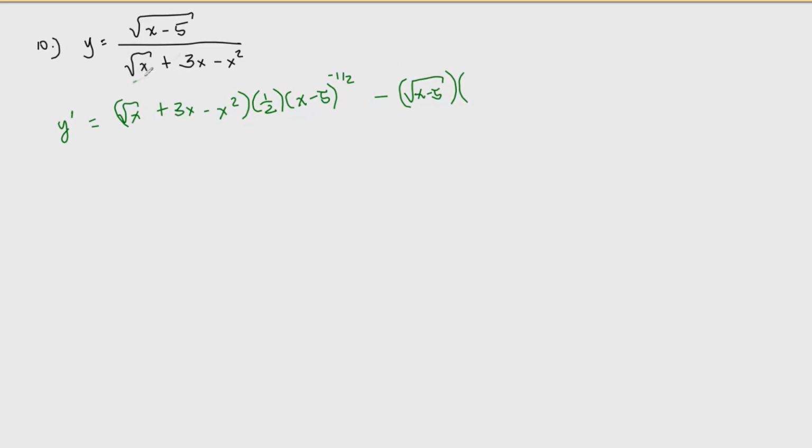So the first one, for square root of x, we have 1/2 x raised to negative 1/2, and then for 3 we have plus 3, and then for x squared we get negative 2x. So that's it for our numerator, and then we divide this by the square of our denominator.